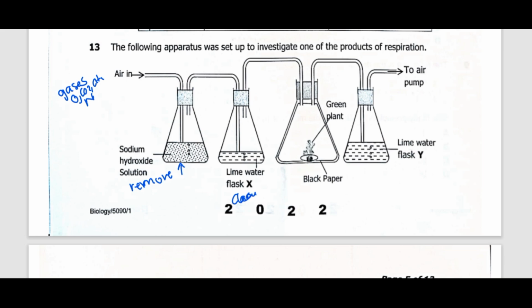Then this air continues and passes through the black pepper, which is a green plant. We know that during the night, the plant produces carbon dioxide. So in the air coming into flask Y, we are expecting to have carbon dioxide. Whenever carbon dioxide reacts with lime water, it gives us calcium carbonate, and whenever we have calcium carbonate, we are looking at a cloudy solution.